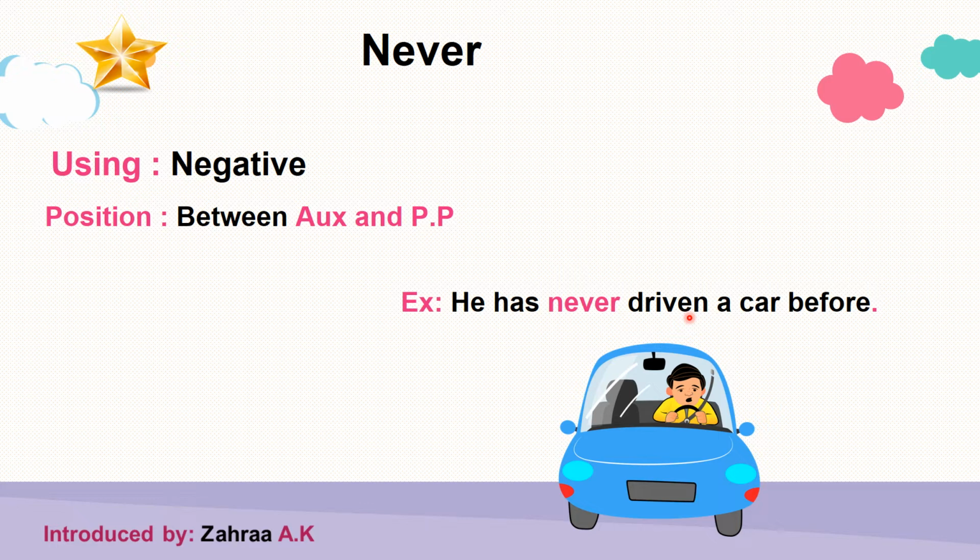In the past it is drove and the past participle is driven. We used has because the subject he is singular. He has never driven a car before.